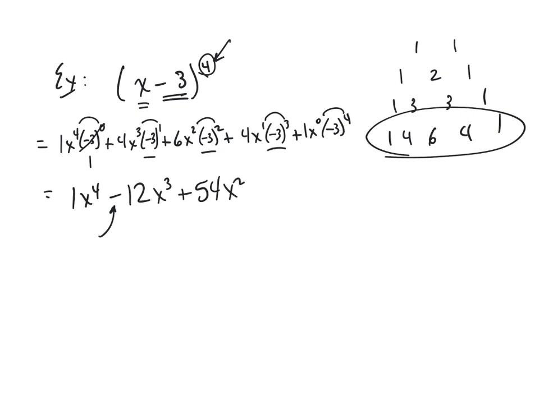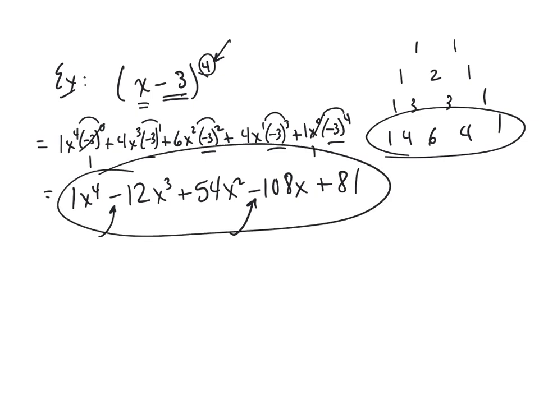Negative 3 to the 3rd is negative 27. So 4 times negative 27 is negative 108x. Again, please notice the negative there. And then negative 3 to the 4th is 81. So 1 times 81 would be 81. Okay, and that then again would be the binomial expansion.